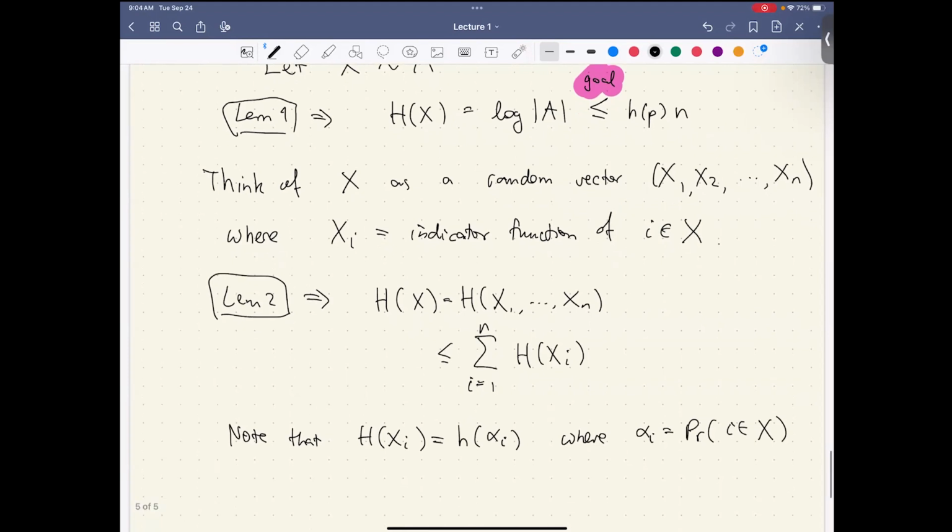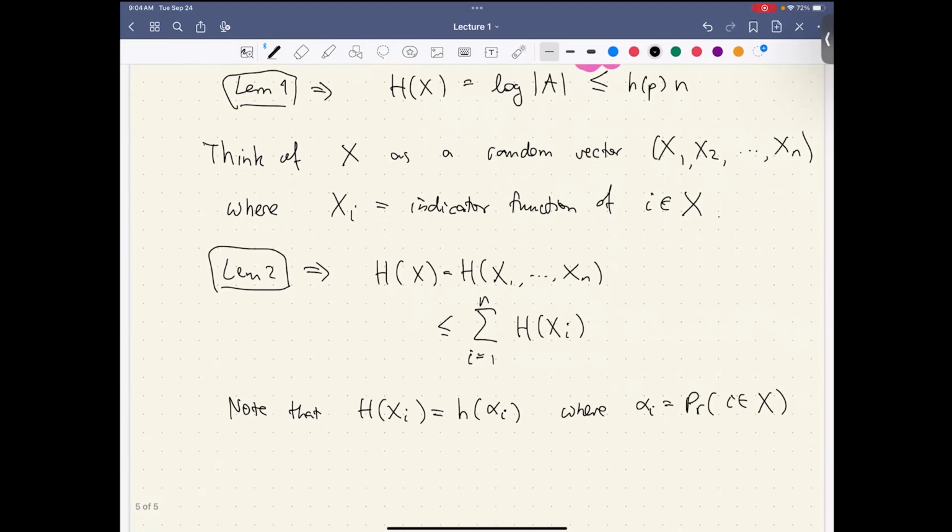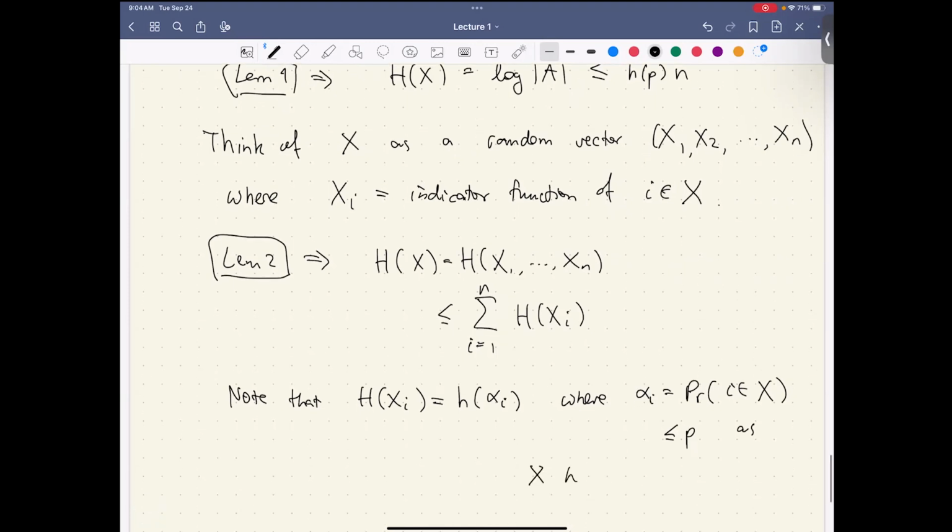But what do we know about this probability? This probability is at most p, as X has size at most pn.